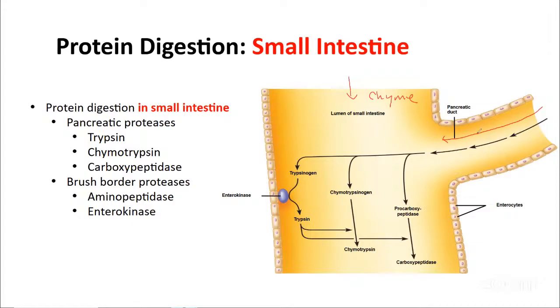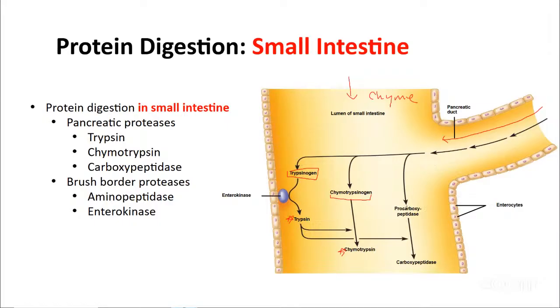But you can see that the pancreas has emitted this trypsinogen, which turns into the active enzyme trypsin. We have our zymogen chymotrypsinogen, which turns into chymotrypsin. So that's the next one on the list here.